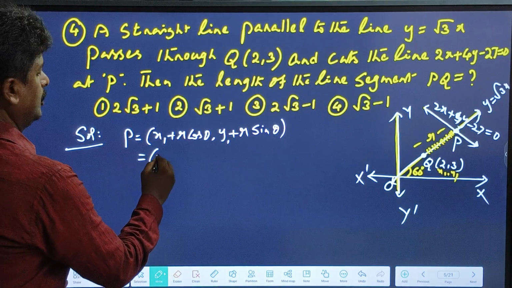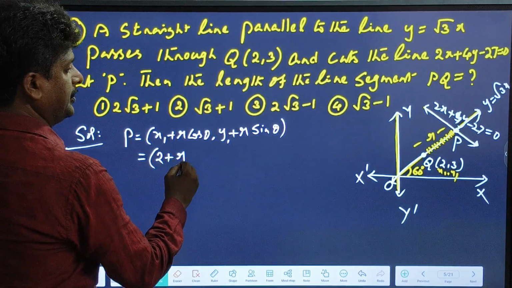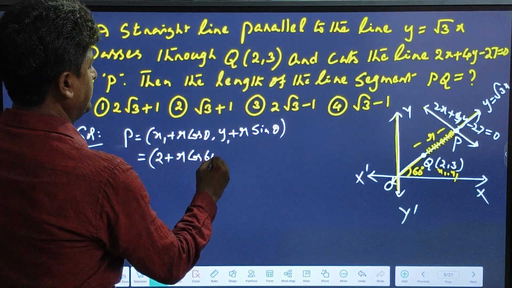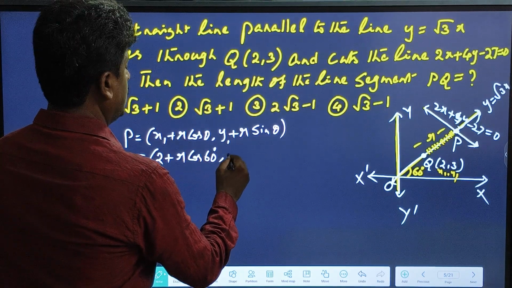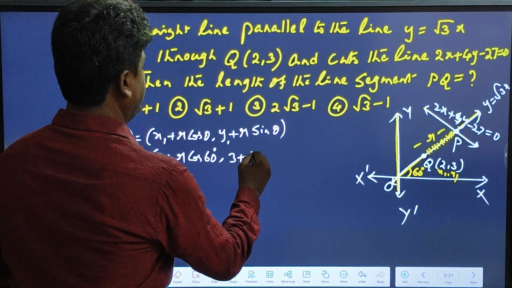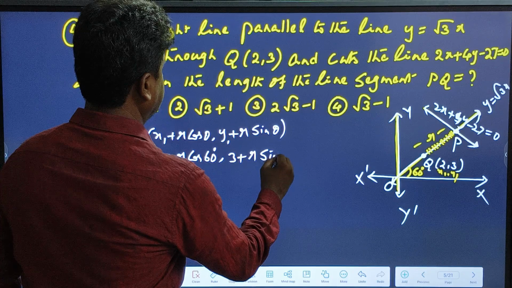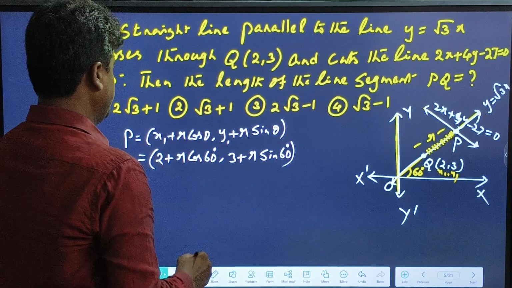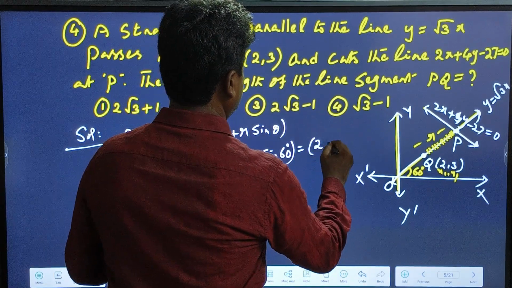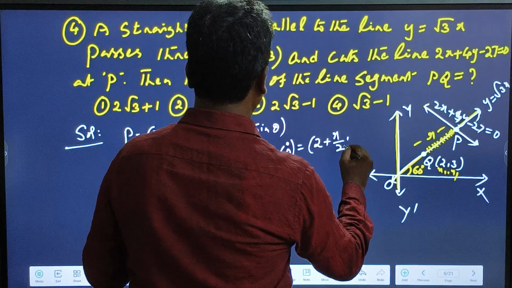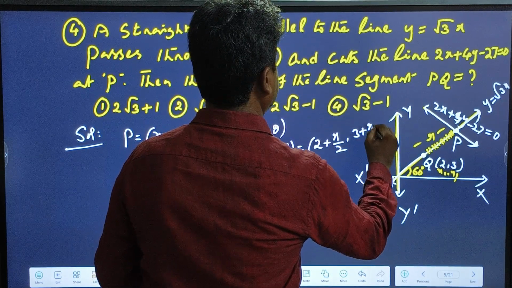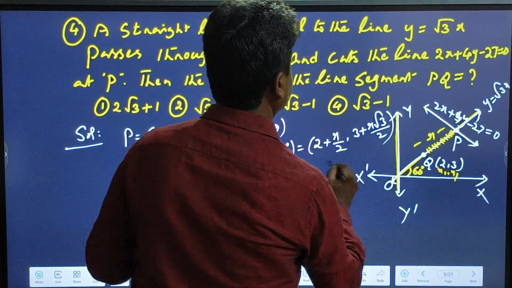In that way, 2 plus r cos 60 degrees, 3 plus r sin 60 degrees. This is 2 plus r by 2, 3 plus r root 3 by 2.